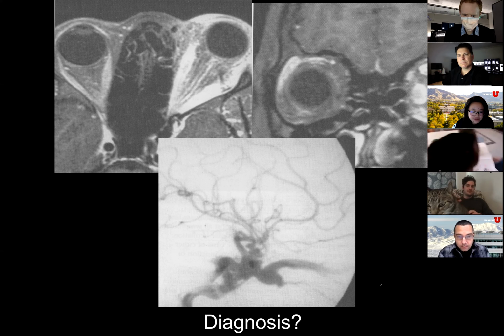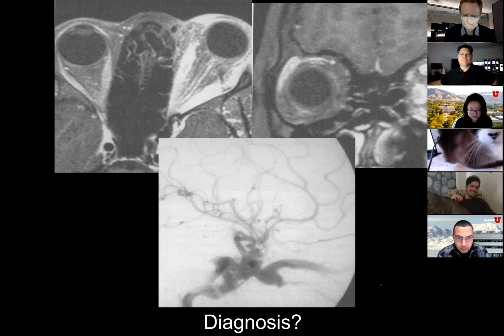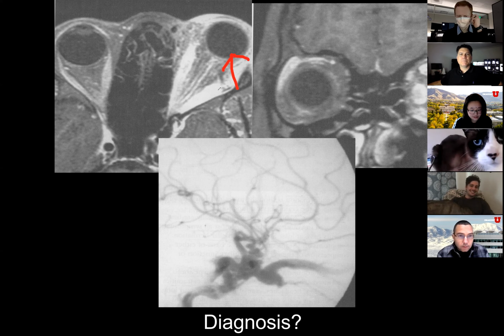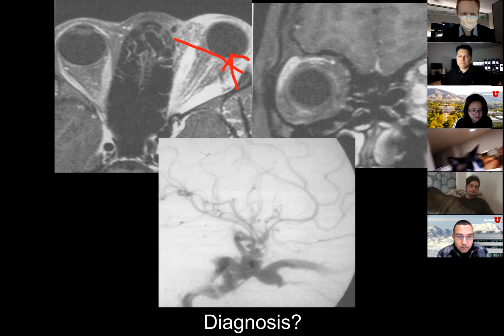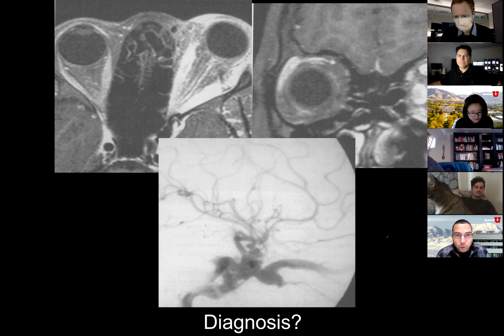It looks like an internal carotid run. I think this is a lateral view. Lateral ICA injection. What do you think about this eyeball? The eyeball itself looks okay, but I think the retrobulbar soft tissues are abnormal.